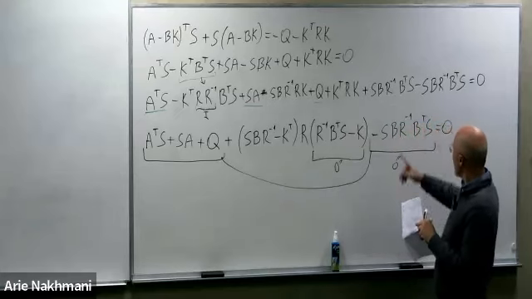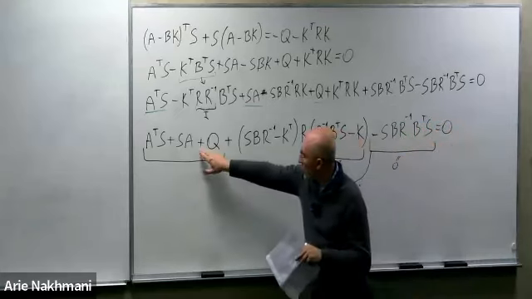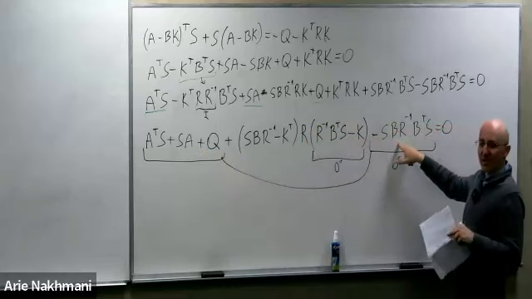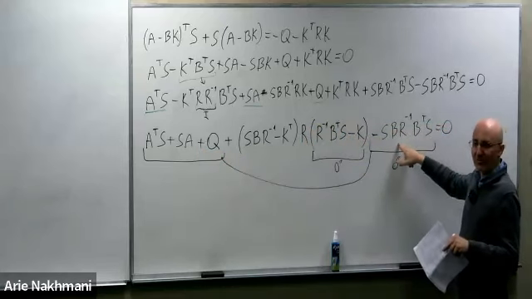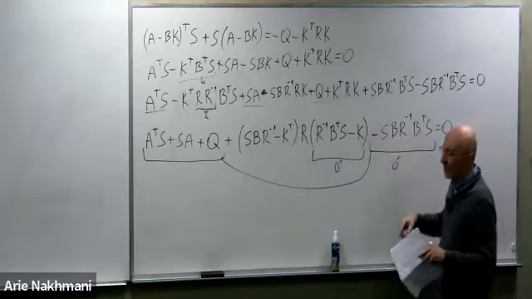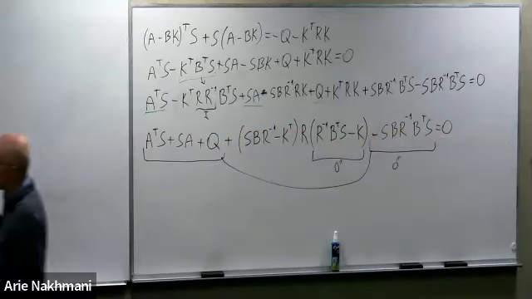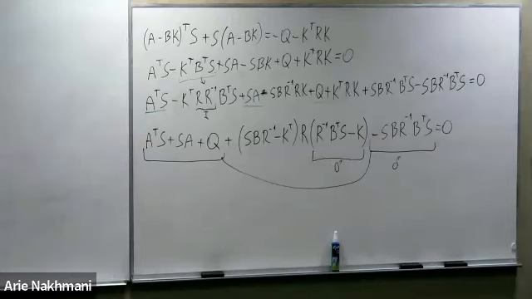Now, for the second part, which is this one minus this one, this is the Riccati equation, right? This is exactly that thing. So if two of them together equal 0, then that entire thing equals 0, right?